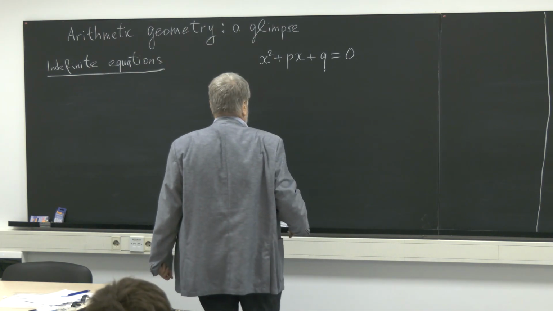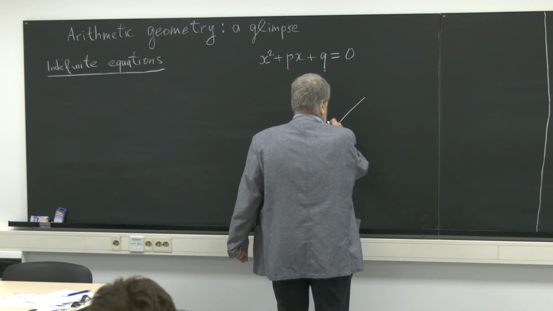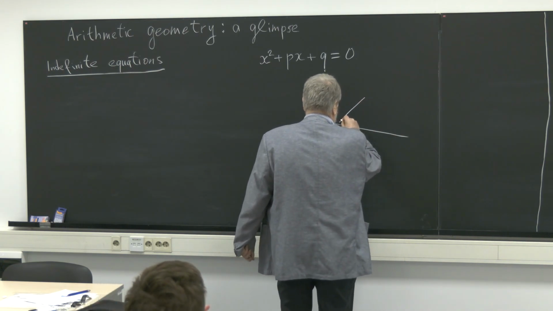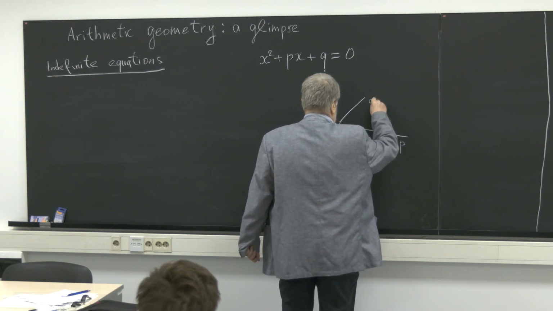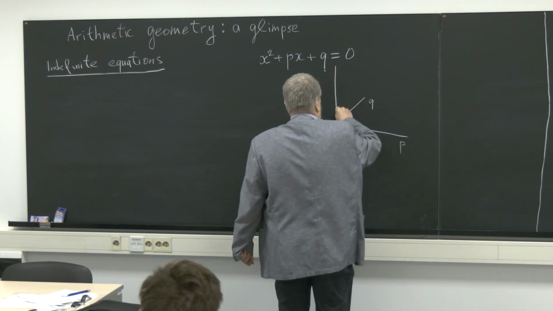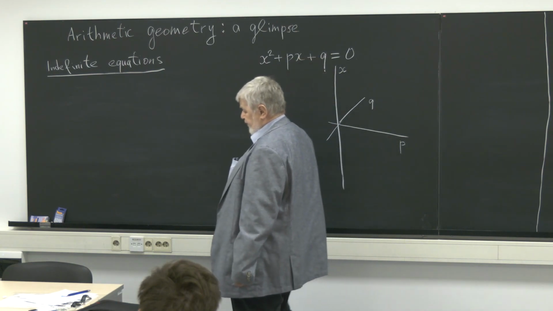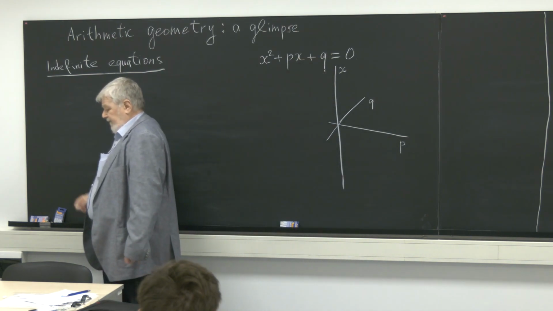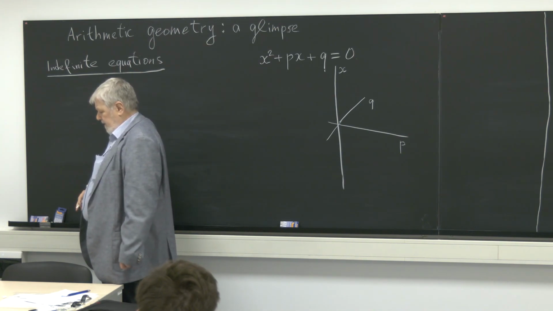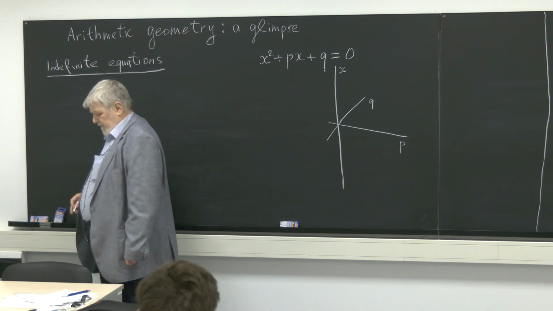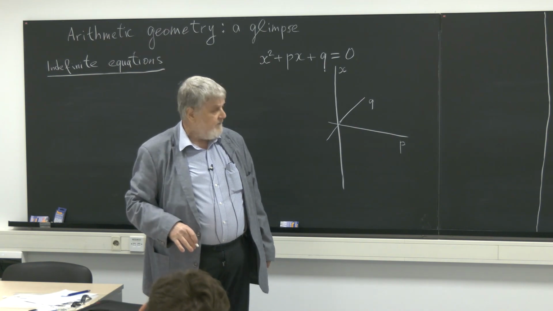So it is an equation in X. However, for some time I'd like to forget about it and draw the arithmetic surface defined by this equation, and then discuss some terminology related to our course.